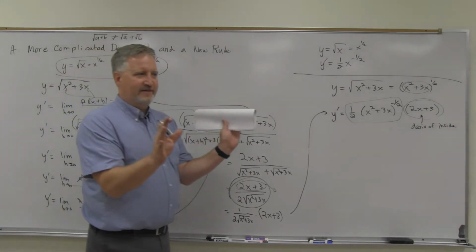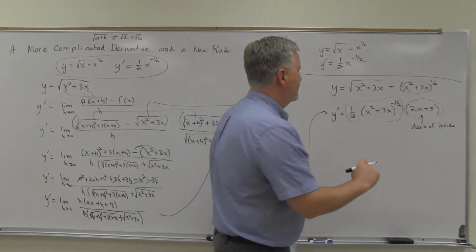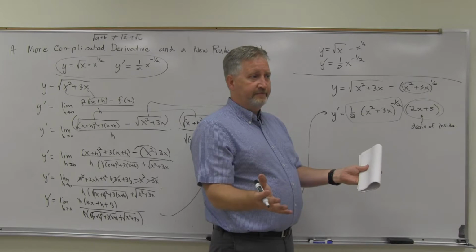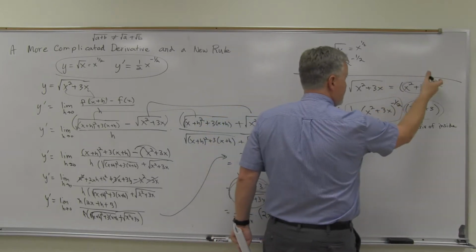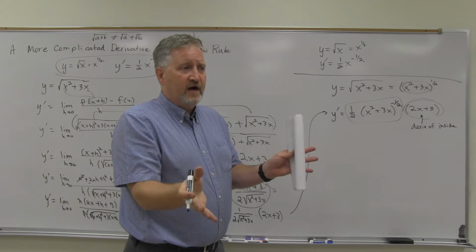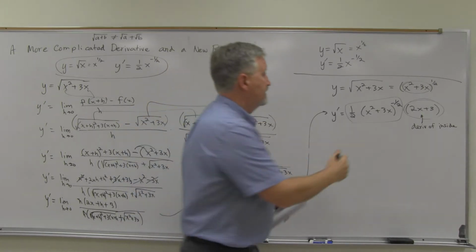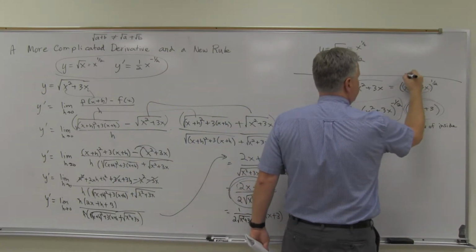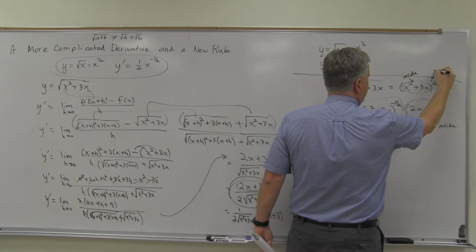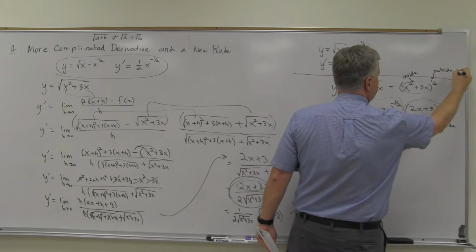Here's the way I like to break this down. What I've got then is an inside and outside scenario. I've got stuff on the inside and I've got a power on the outside. So I've got an inside operation and an outside operation. The x squared plus 3x is, like I said, the inside. And the 1/2 power is the outside.